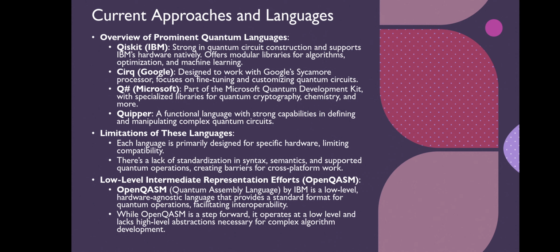Designed to work with Google's Sycamore processor, it focuses on fine-tuning and customizing quantum circuits. Q# from Microsoft. It is part of the Microsoft Quantum Development Kit with specialized libraries for quantum cryptography, chemistry, and more. Quipper. It is a functional language with strong capabilities in defining and manipulating complex quantum circuits.